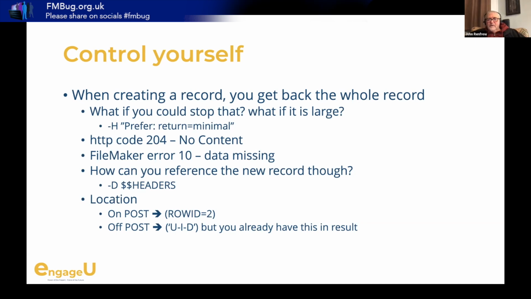And in the headers, if Prefer return=minimal is on, when you do a POST, you will also get back an additional header called rowID. The rowID is FileMaker's internal ID, so that number will be whatever you get from Get(RecordID). It's what FileMaker is using internally. So you do get access to something that IDs the record that you've just created, even if you turn that off.